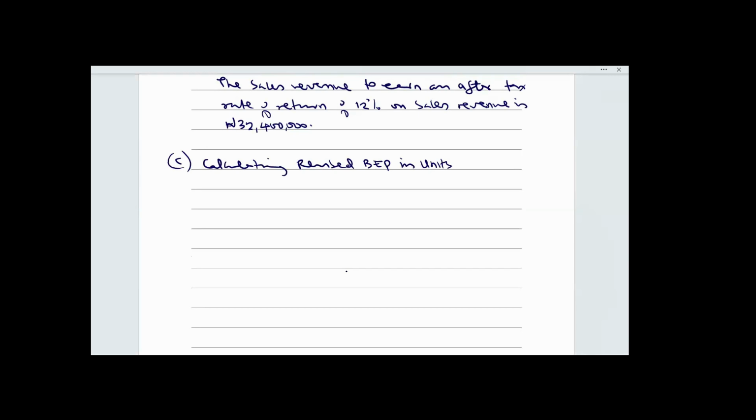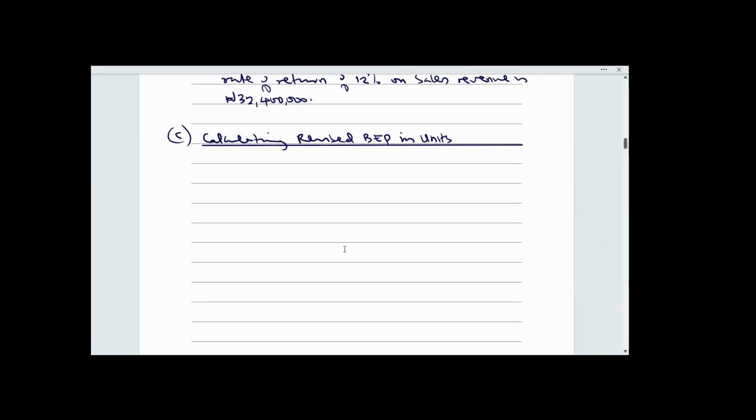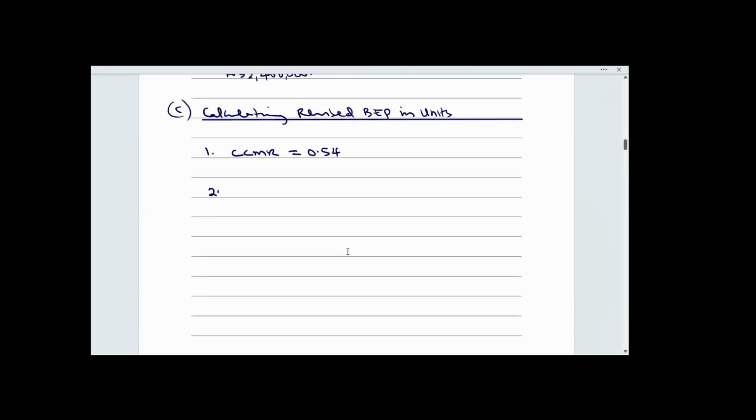Okay, so how do you do this? Just follow the same procedure. Step 1, you have to calculate the overall contribution margin ratio. In this case, it will be our composite contribution margin ratio, which is 0.54. Then step 2 says you should calculate the break-even point for the company as a whole, break-even point in Naira.